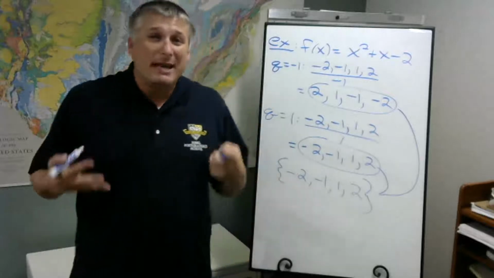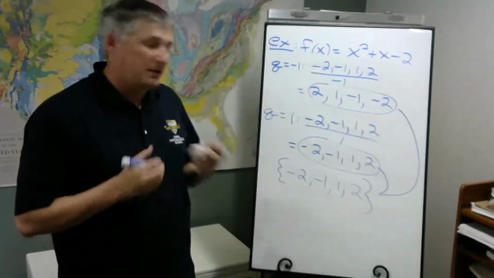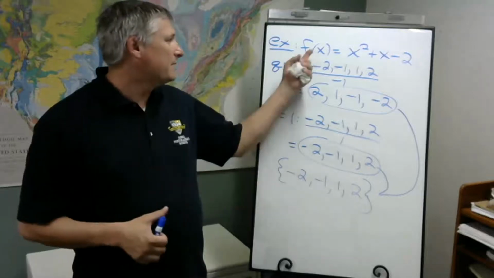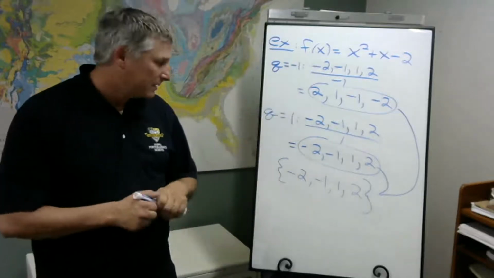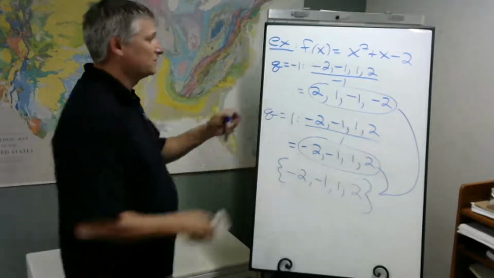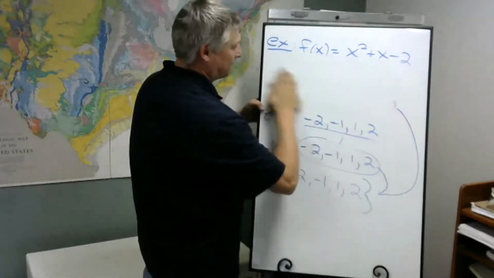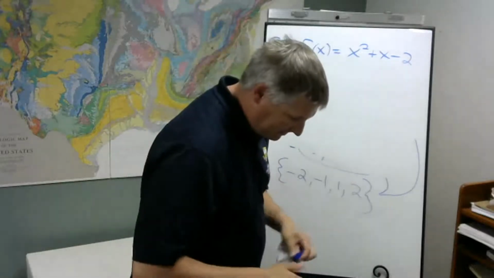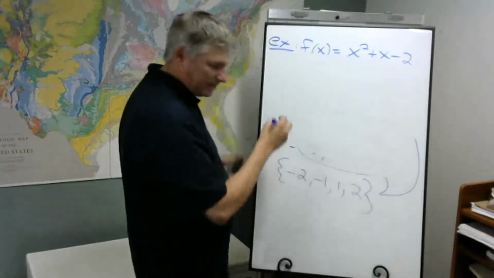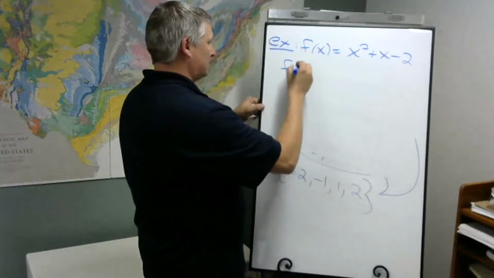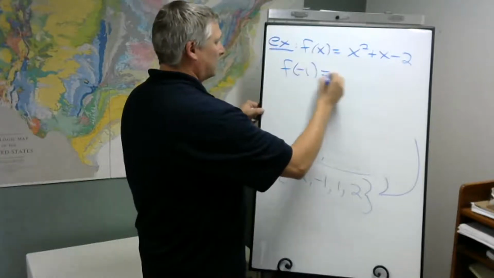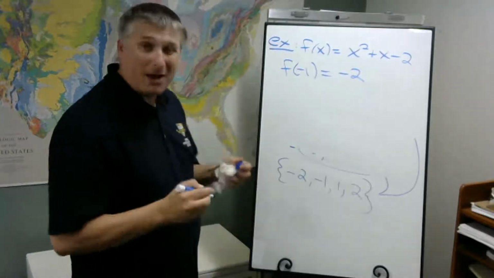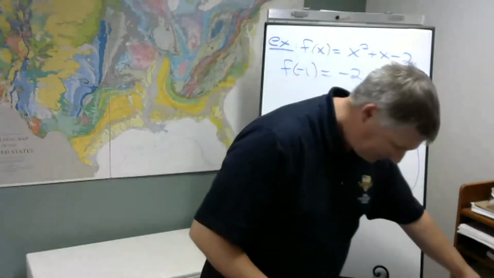Now these are potential zeros. They don't necessarily work. So we have to test them, plug them into f of x, and see what we get. Now, for the sake of time, I'm just going to give you the results when I do this. So if we plug in -1, we're going to get -2. So that one didn't work.